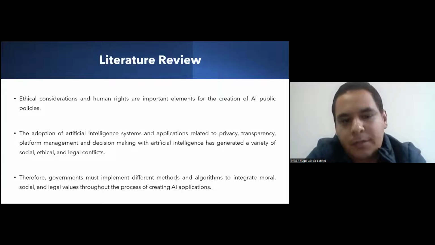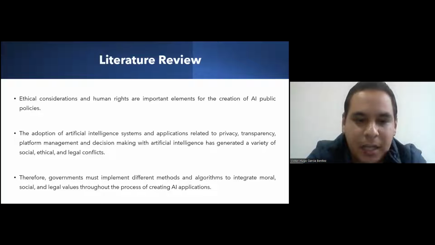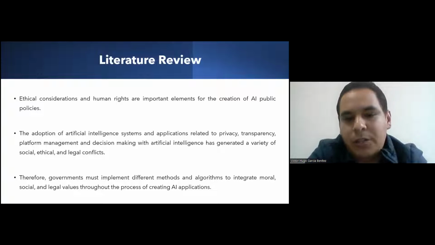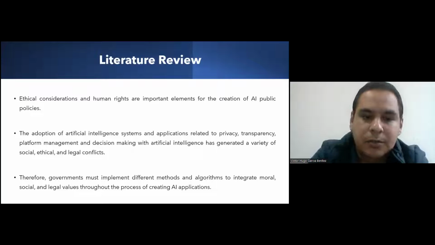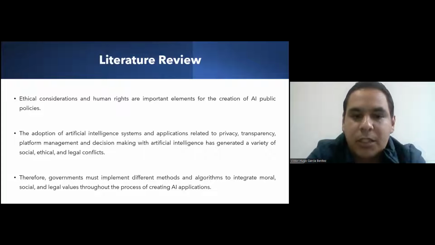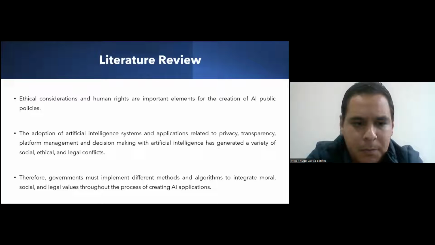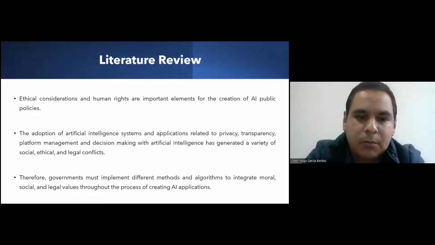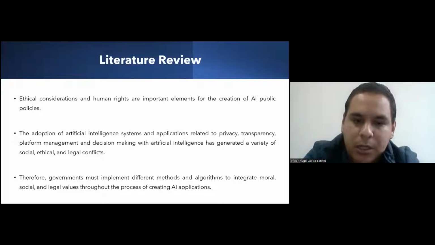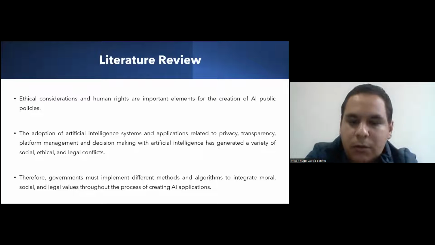The adoption of artificial intelligence systems and applications related to privacy, transparency, platform management, and decision making has generated a variety of social, ethical, and legal conflicts. Therefore, governments must implement different methods and algorithms to integrate moral, social, and legal values through the process of creating AI applications.